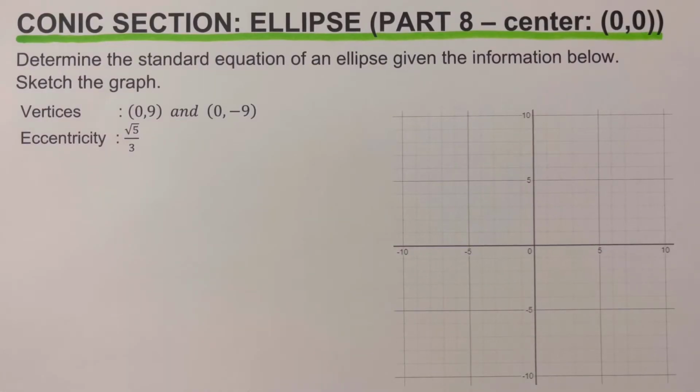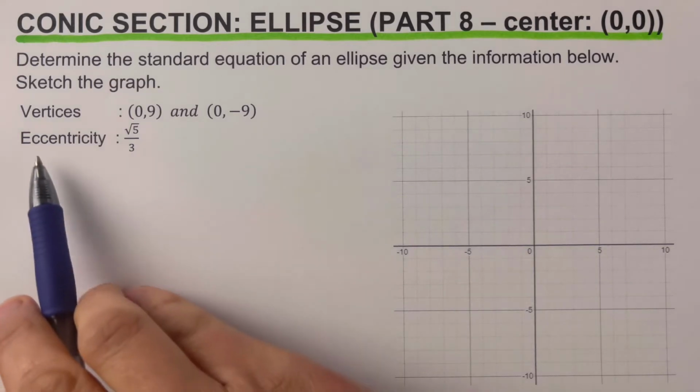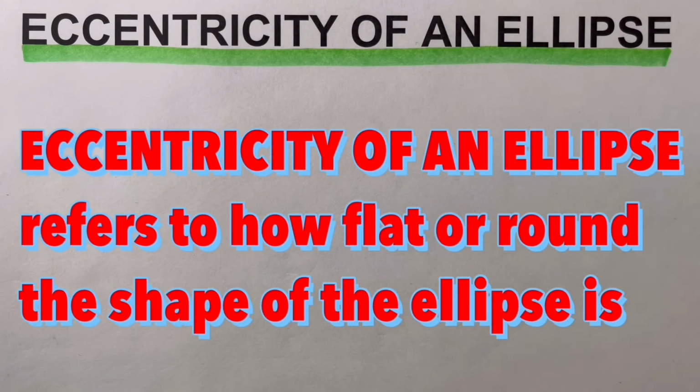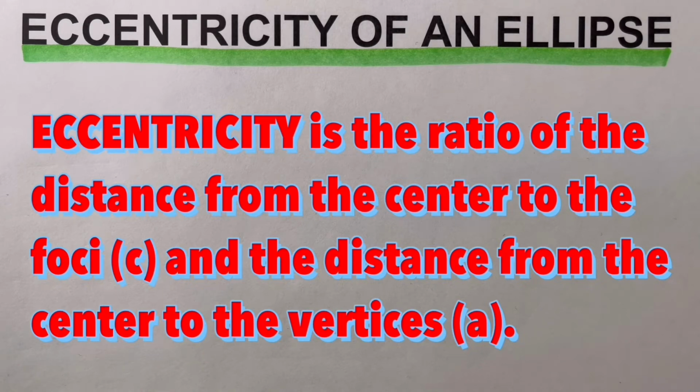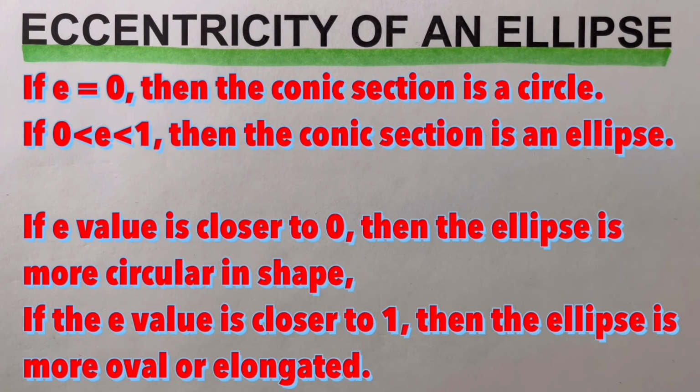Okay, before going further, let's have a review on the formula for eccentricity of an ellipse. By definition, eccentricity of an ellipse refers to how flat or round the shape of the ellipse is. Mathematically, eccentricity is the ratio of the distance from the center to the foci, which we usually represent as letter C, and the distance from the center to the vertices, which we usually represent as letter A. Now, we remember that if eccentricity is equal to 0, then the conic section is a circle.